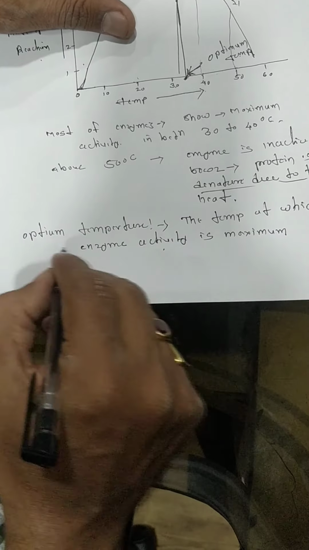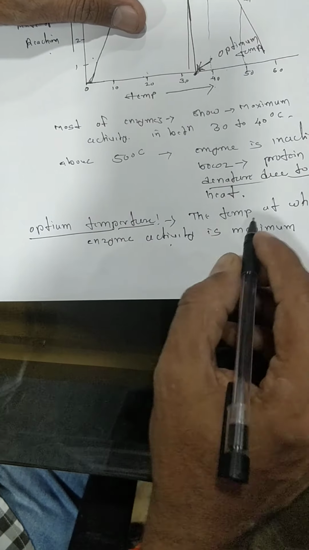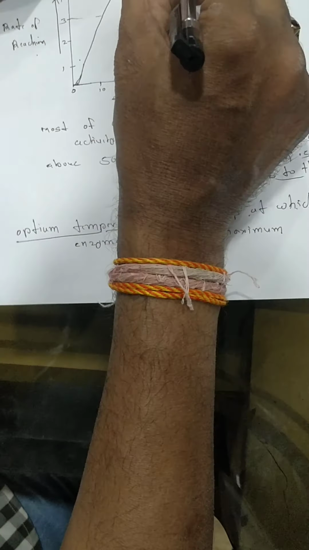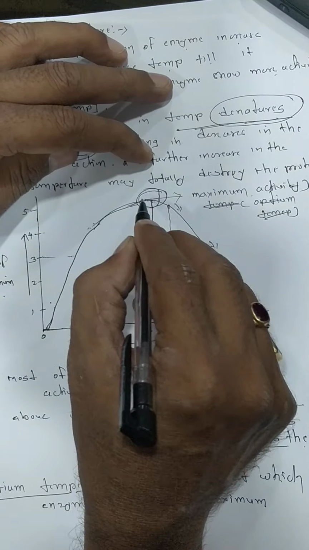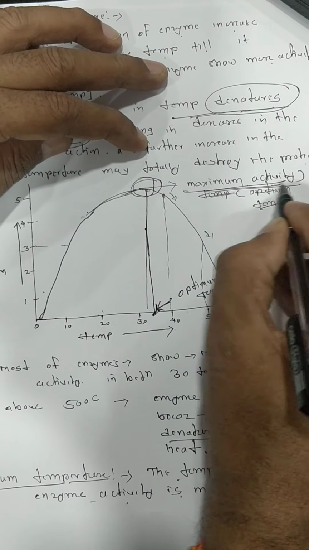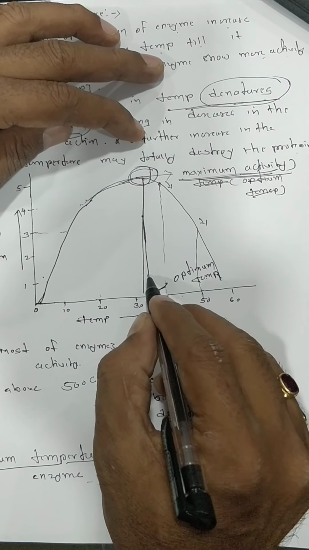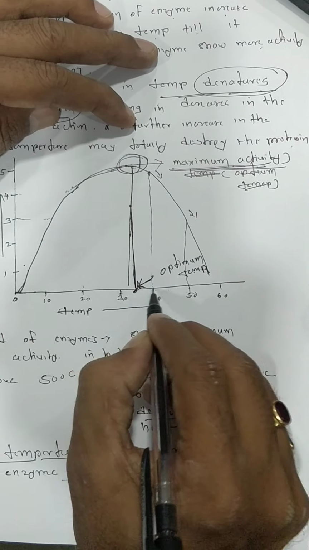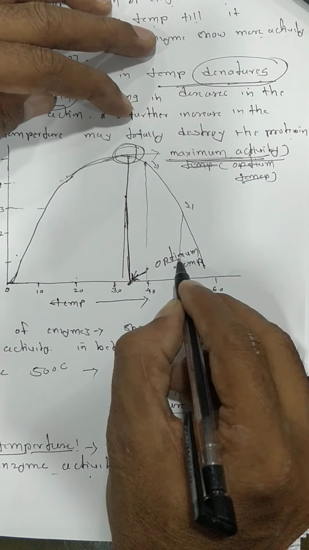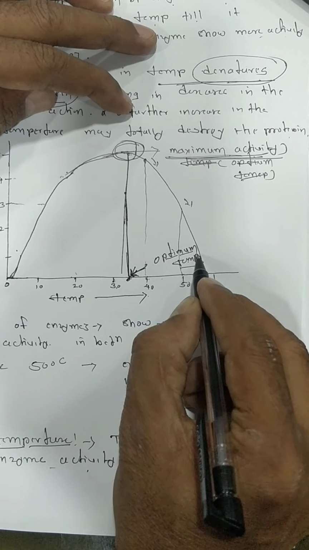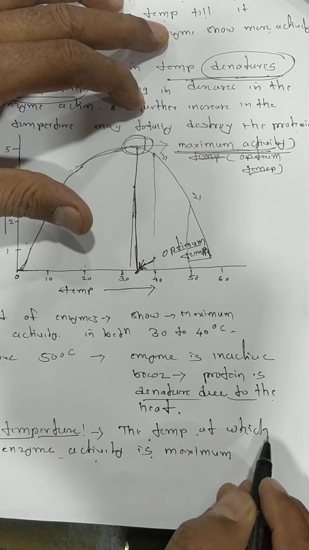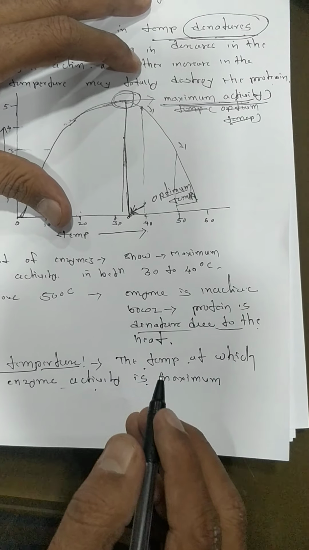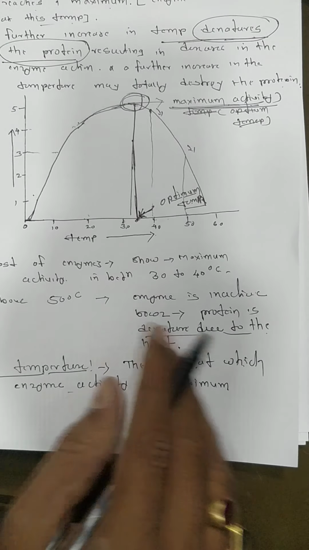Here the enzyme activity is maximum, and that temperature, somewhere between 30 and 40, is the optimum temperature. Now this is the effect of temperature.